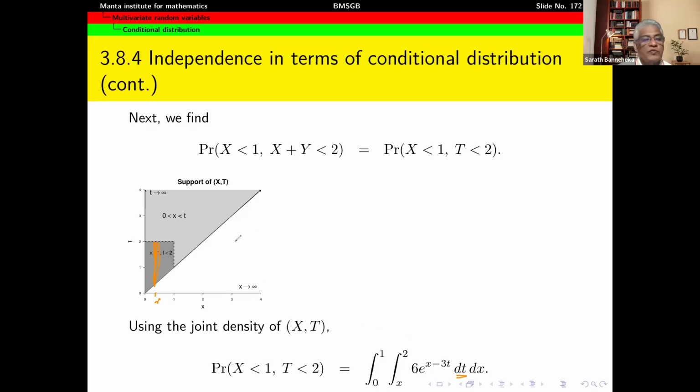So we have to put the limits of t: t is equal to x here, and t is equal to 2 here. That's why we are integrating from x to 2 first, and then changing x from 0 to 1, so that we cover all of this. That's how we get this probability.